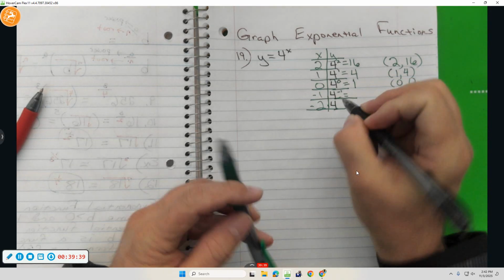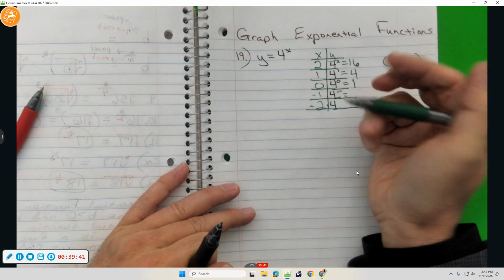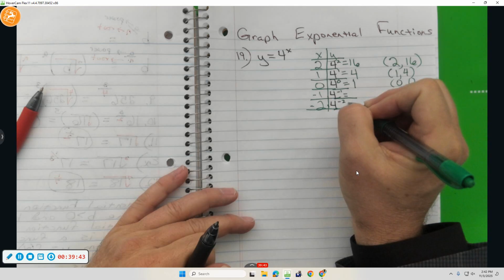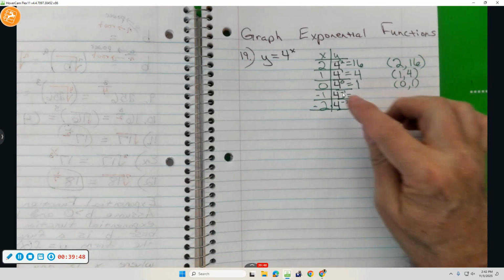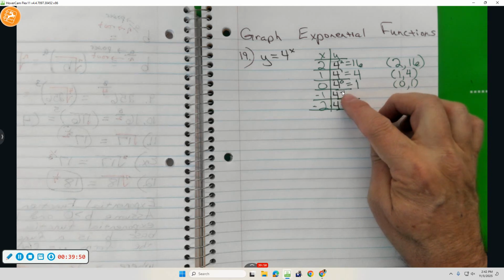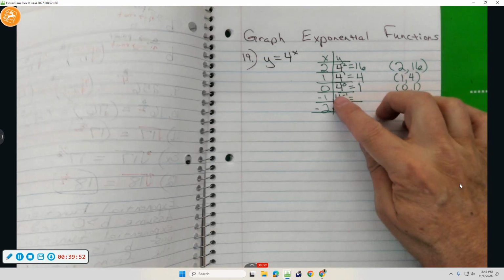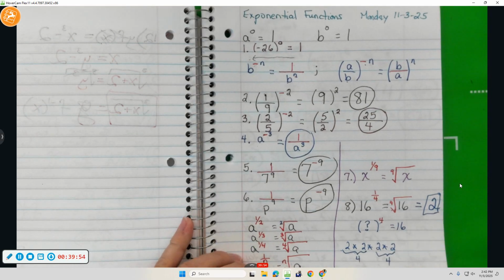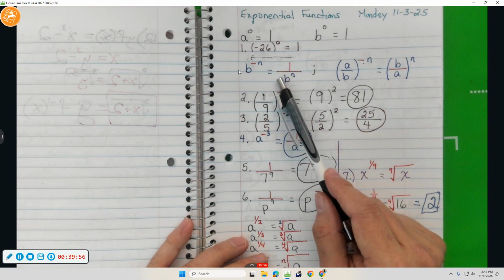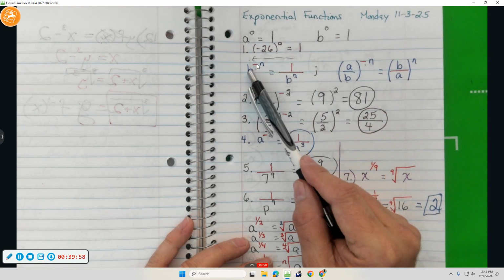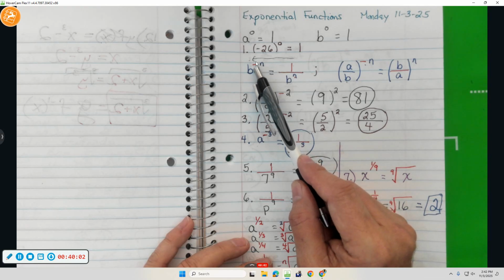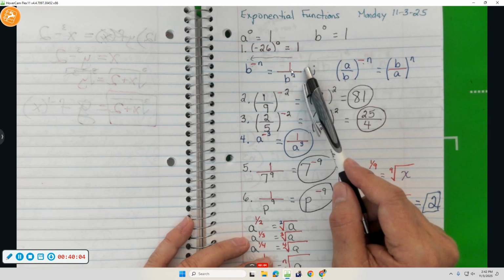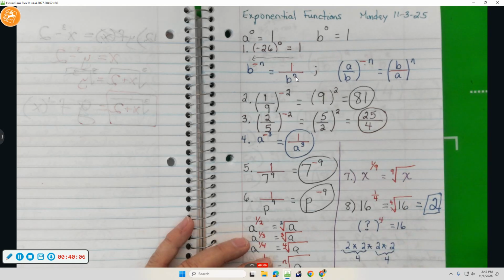So you have 4 to the negative 2 power, and 4 to the negative 1 power. It's an integer to a negative exponent. That's the second rule we stated here. To get rid of the negative on the exponent, you make it a 1 over, and then the exponent becomes positive.